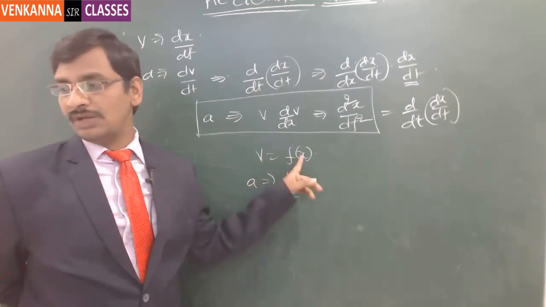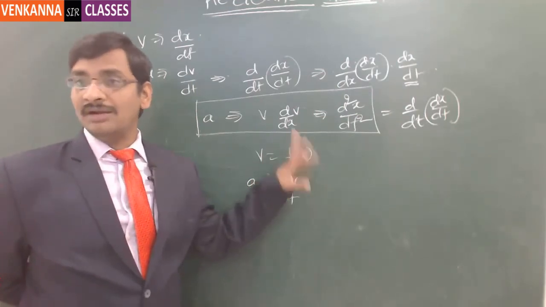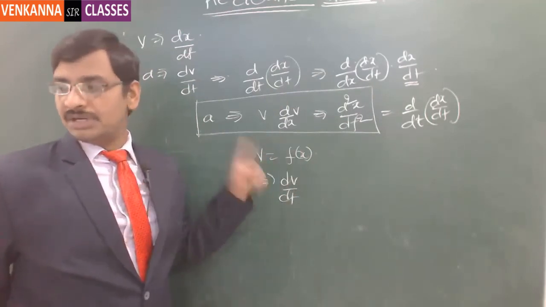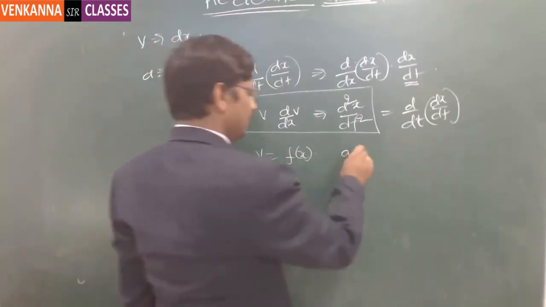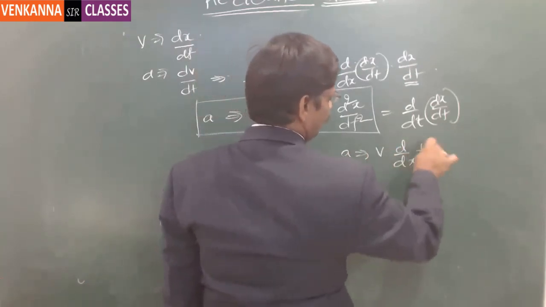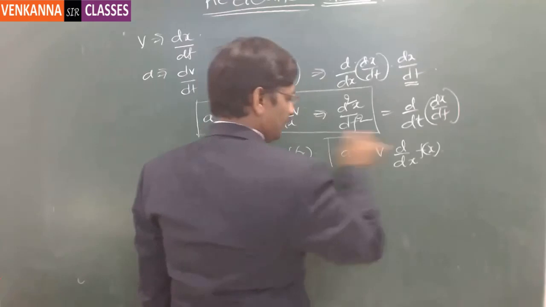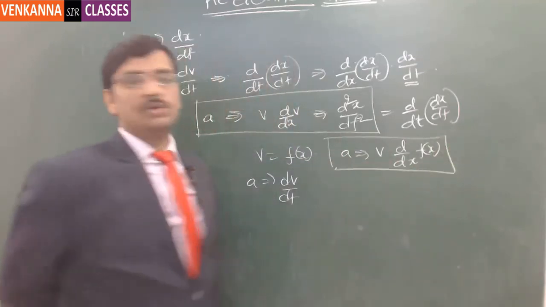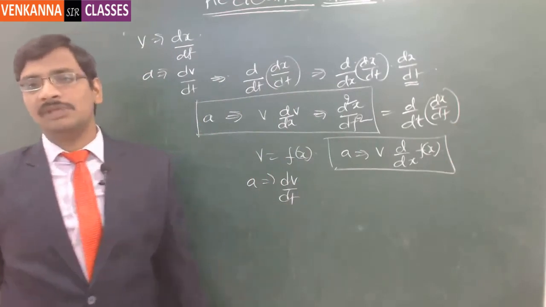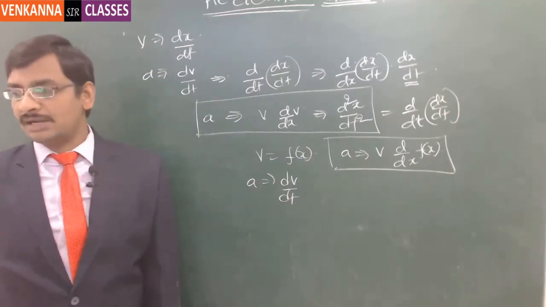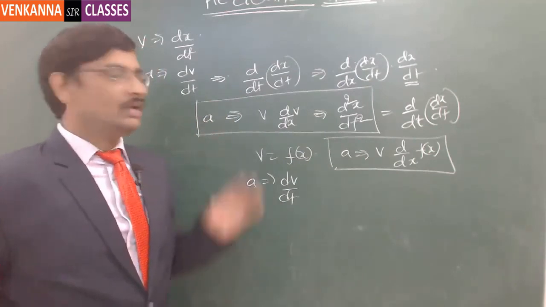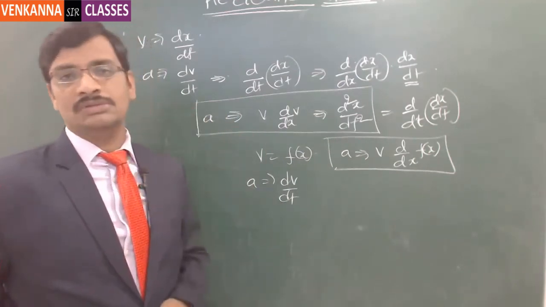Now v is equal to f of x is the relation where t is the parameter. Hence, to eliminate the parameter and straight away get the relation for acceleration, a can be treated as v into d by dx of f of x. Got it? If it is given in the parametric form, then we will be using this format of the equation to calculate the acceleration. So these are the fundamental relations that we will use down the line.